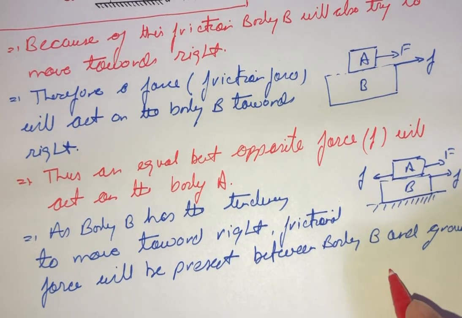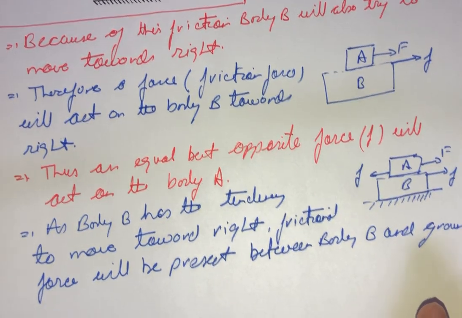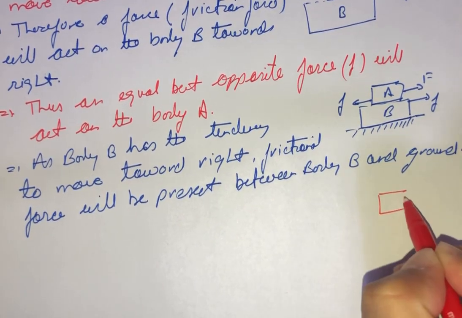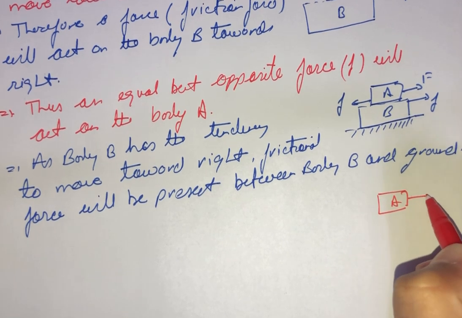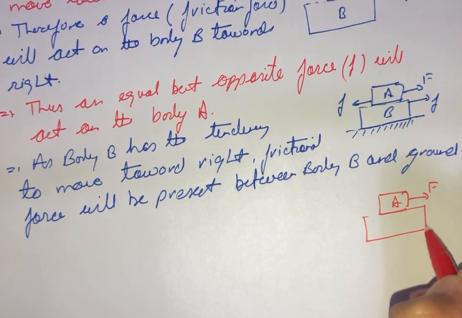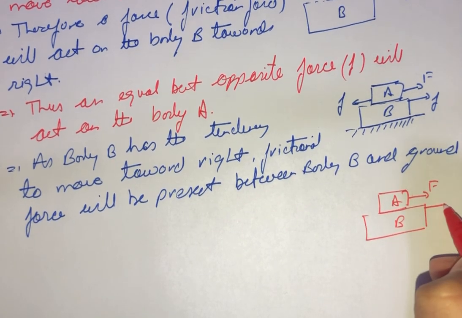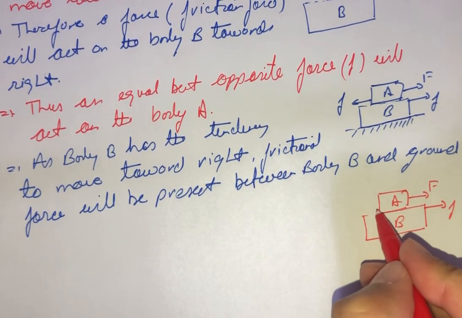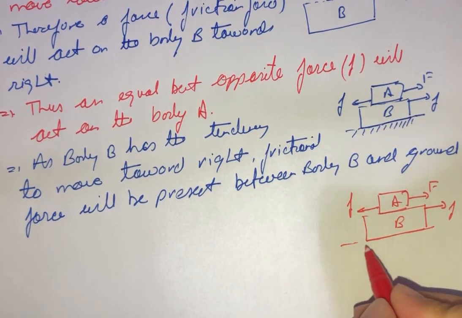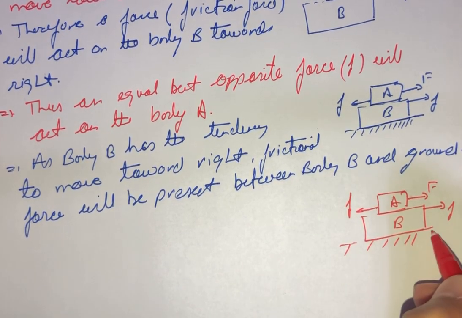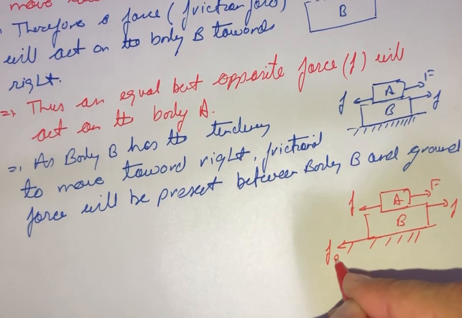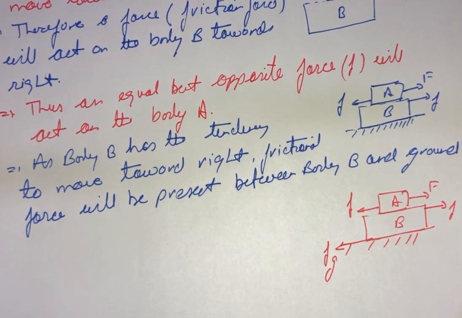So that can be represented as, this is our body A on which F force is applied, and we have body B, this is a force of friction because of this, and this is the opposite one, and we have a ground, so there will be a force of friction, let us call this Fg, in the opposite direction.